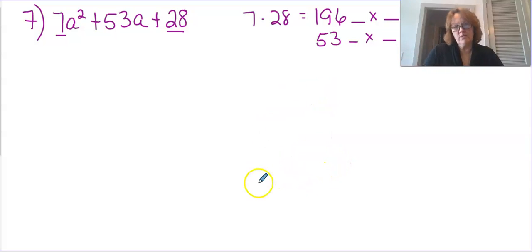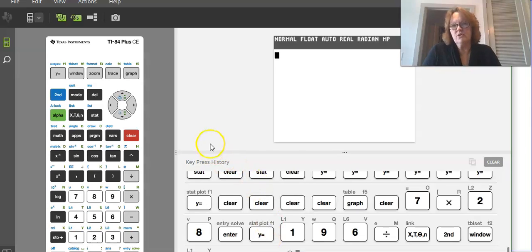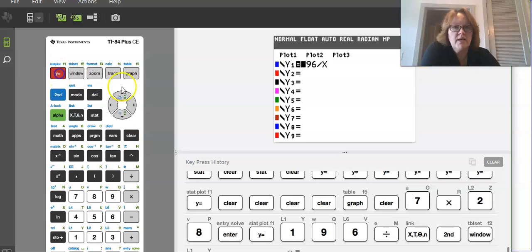So I wanted to show you on the TI-84 how you can do that using your table. The first thing we want to do is enter y equals, and then we want to enter, and I've already entered it here, 196 divided by x. So enter 196 divided by, and then x.